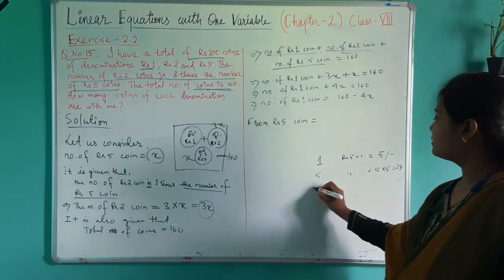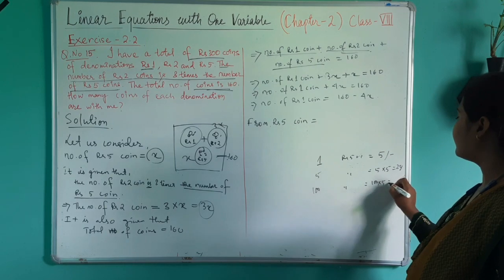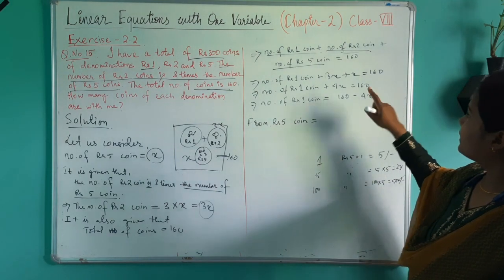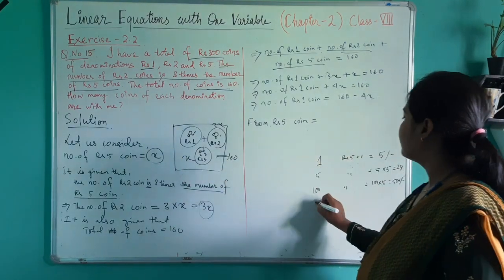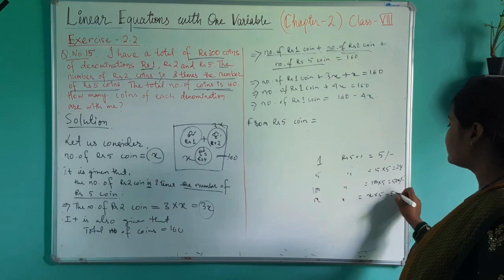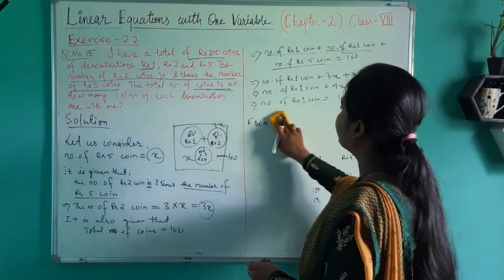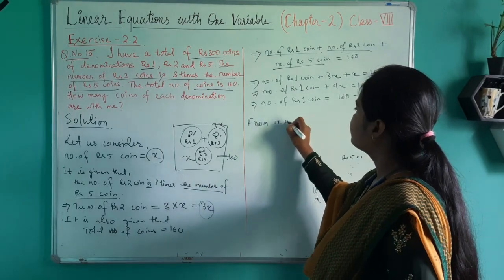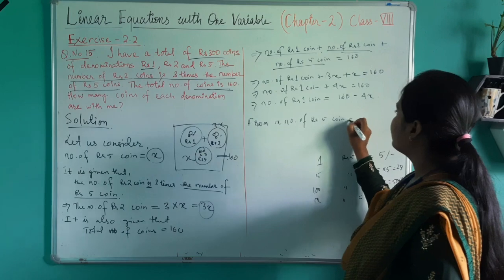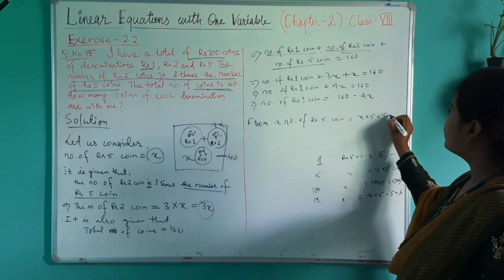If I take 100 5 rupee coins, it will make 100 into 5, that is 500 rupees. Similarly, if I take x 5 rupee coins, it will make x into 5, that is 5x rupees. So from x number of 5 rupee coins, the amount is 5x.